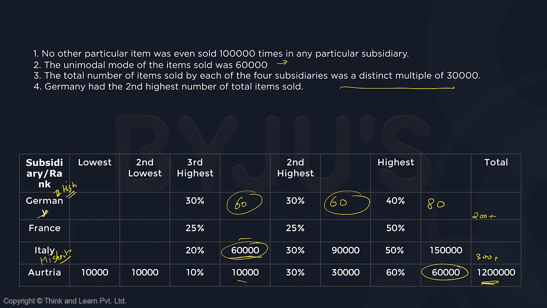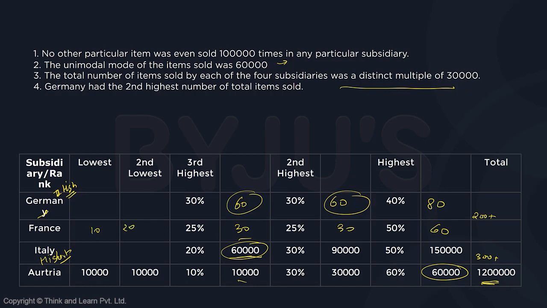Then we have 30, 30, 60. 30, 30, 60 is 120. Okay, 120 can be made to 150, correct? By adding 20 here, so I can add 10 and 20 here.